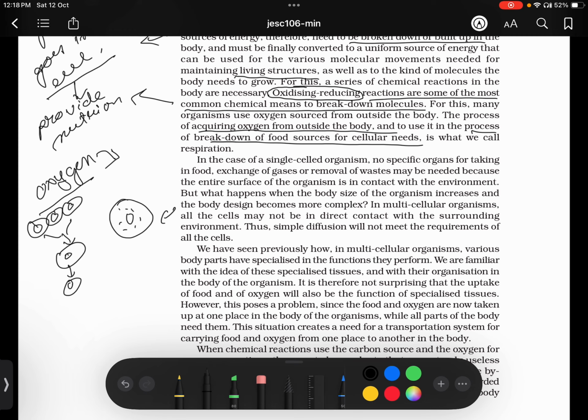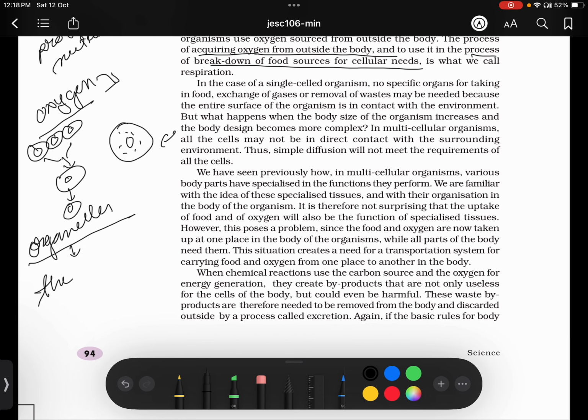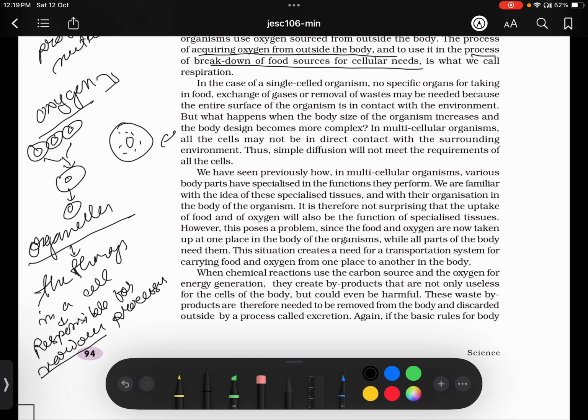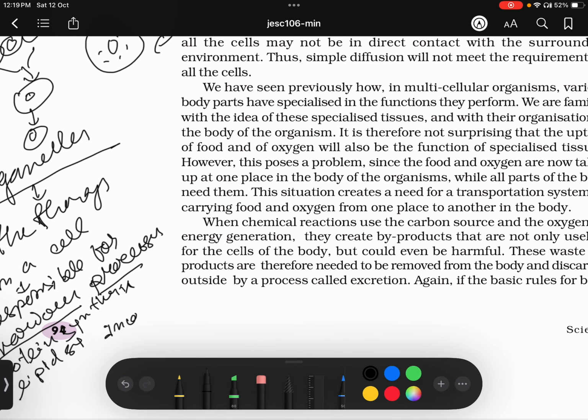For your clarity, organelles means the things present in a cell responsible for various processes like protein synthesis, lipid synthesis, and, in the case of a unicellular organism, respiration.